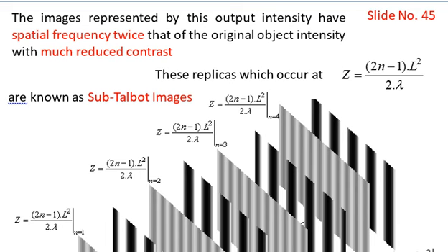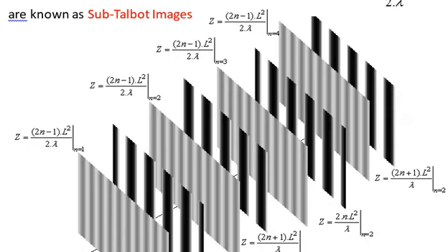So these replicas which occur at z equal to 2n minus 1 into L square over 2 lambda are known as sub-Talbot images. For this value of z we get sub-Talbot images, and these are the images shown in gray for different values of n.